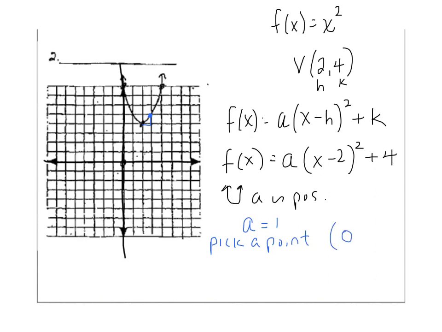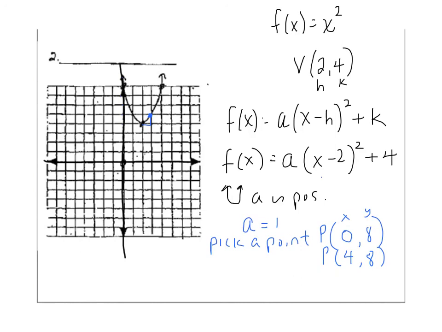I think it's 1, 2, 3, 4, 5, 6, 7, 8, so 0, 8 is a point on there, or another point would be 4, 8. You can see them marked on there. This is a point on the graph. It has an x coordinate and a y. And so what you would do is put the x coordinate back into this equation, put the y back in for f of x, and solve for a algebraically.